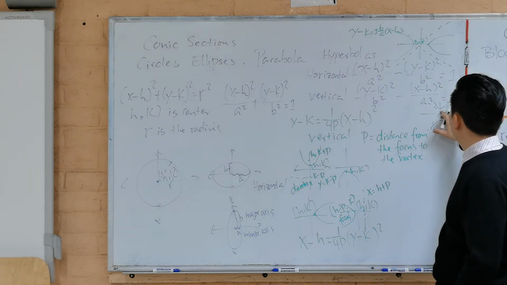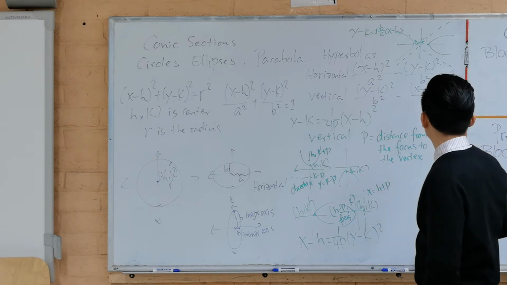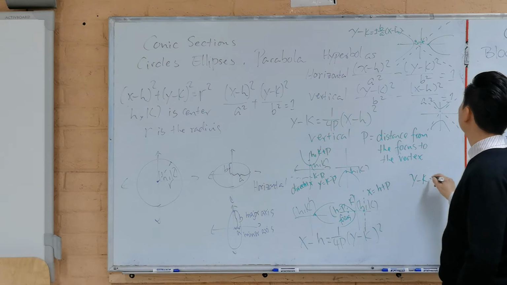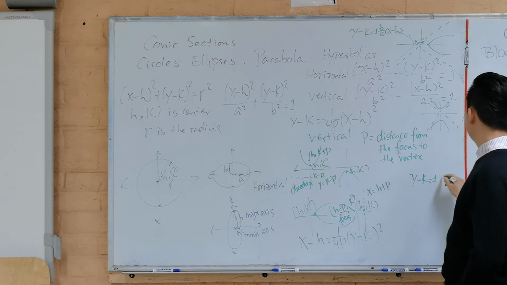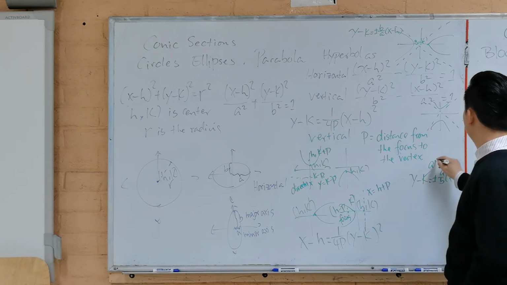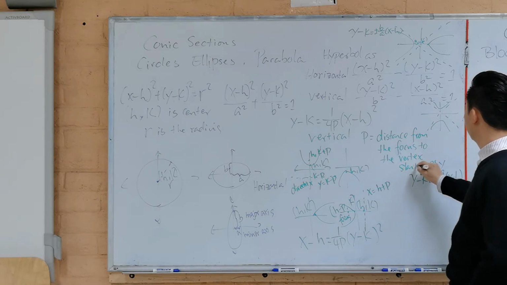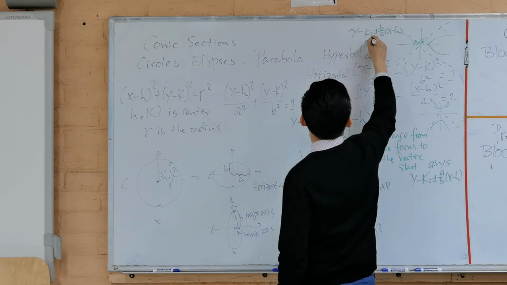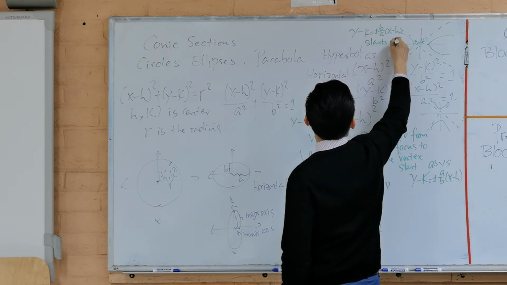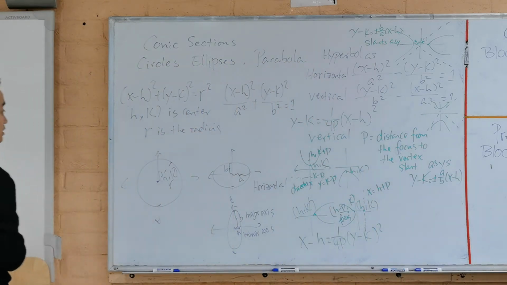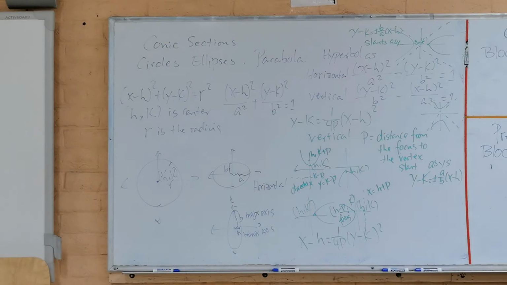And then for this one, y minus k equals plus minus a over b times (x minus h). Okay? So that's all the conic sections.